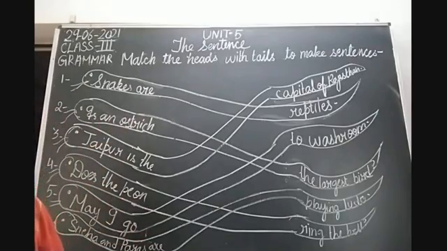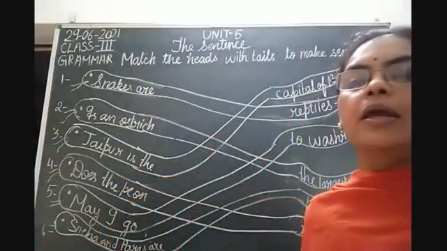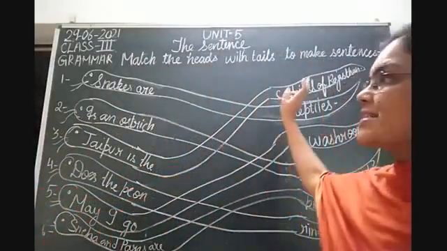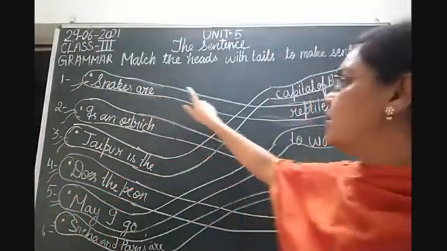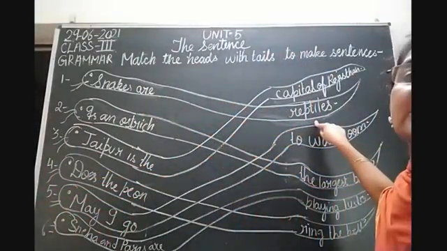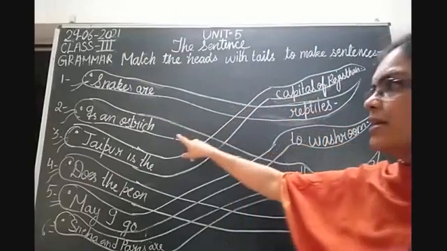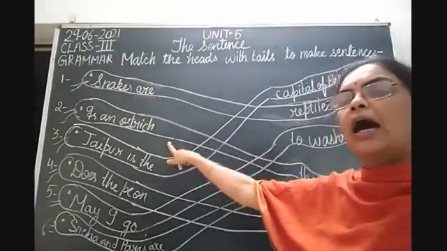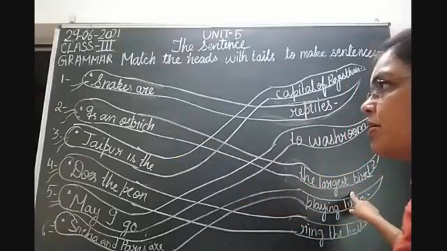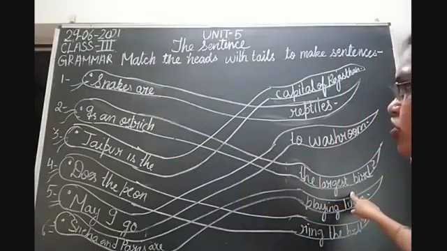Now, let's read our sentences, children. We have matched the heads with the tails. Snakes are reptiles. First sentence. Second question, is an ostrich the largest bird? This is a question.